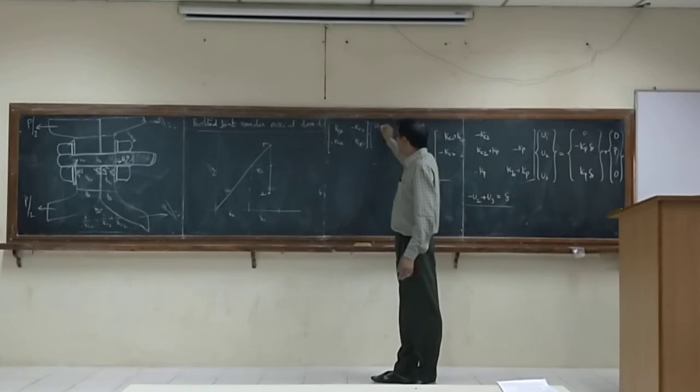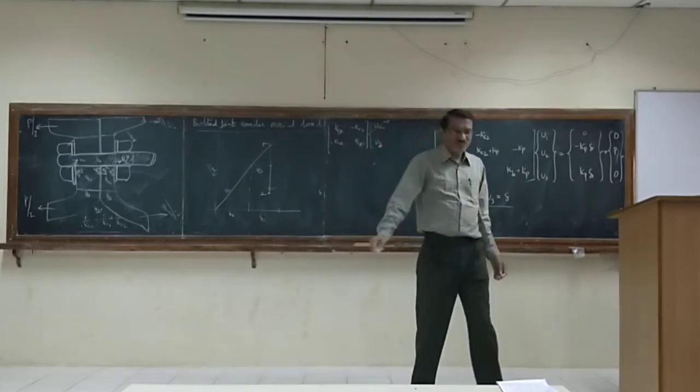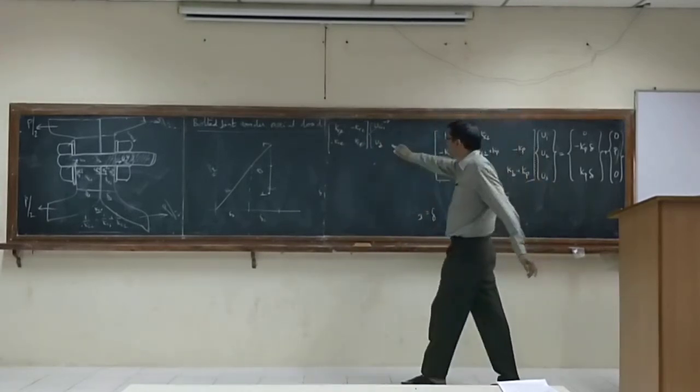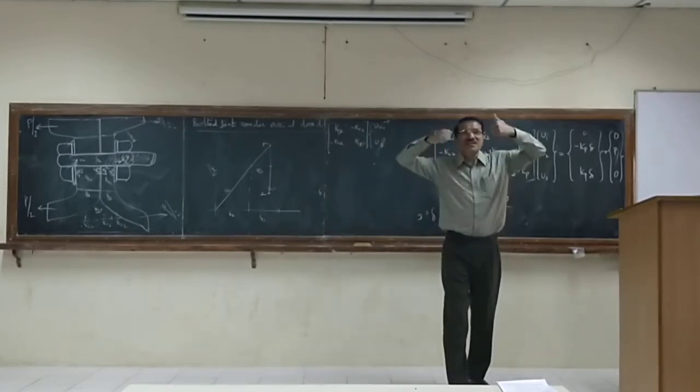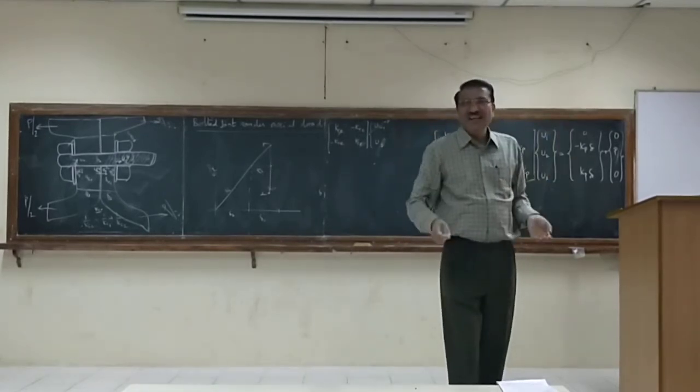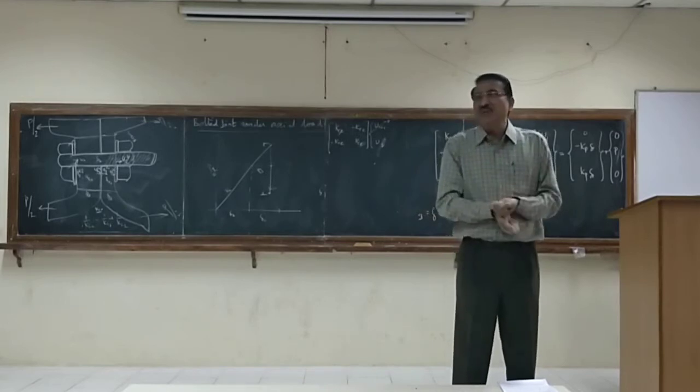That is U1 of component 1, which is 0, and this is U3 only now. U3 and U2. This is U2. By bringing this equivalent, we are removing the displacement in between.